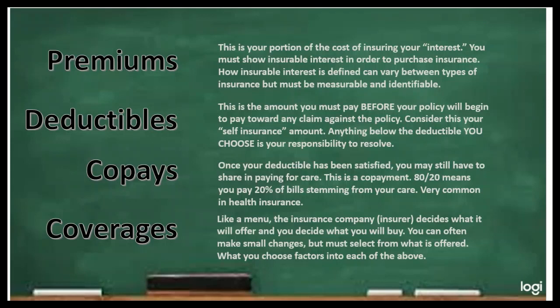All right, so your premium, as I kind of alluded to a moment ago, this is your portion of the cost of insuring your interest. Okay, you have to first have an interest in the thing that you're talking about insuring.